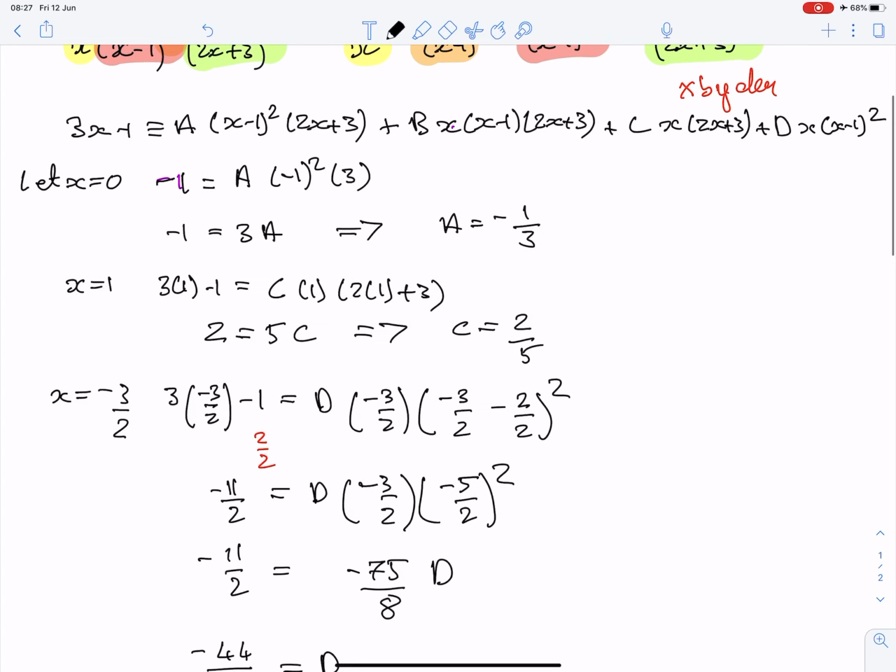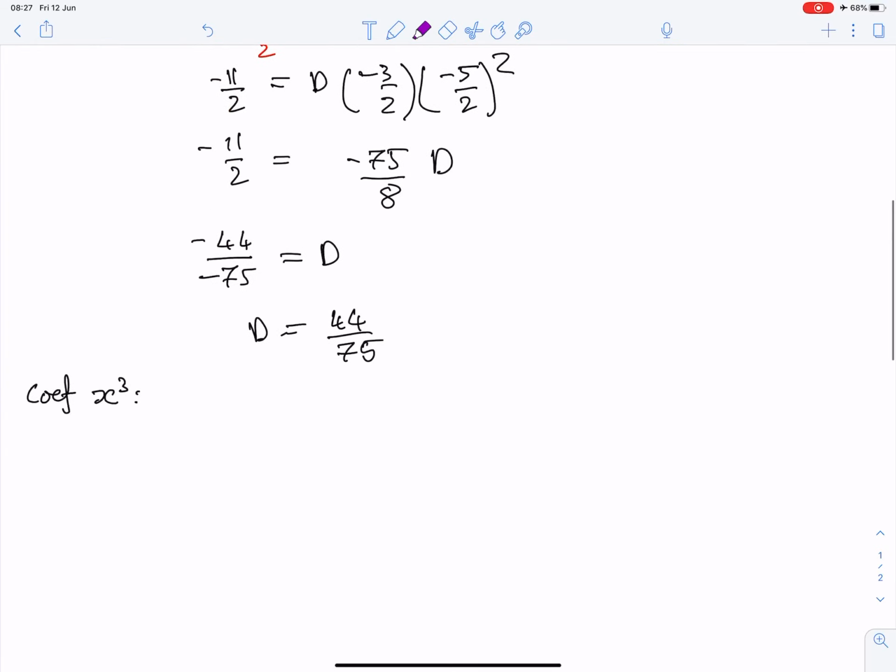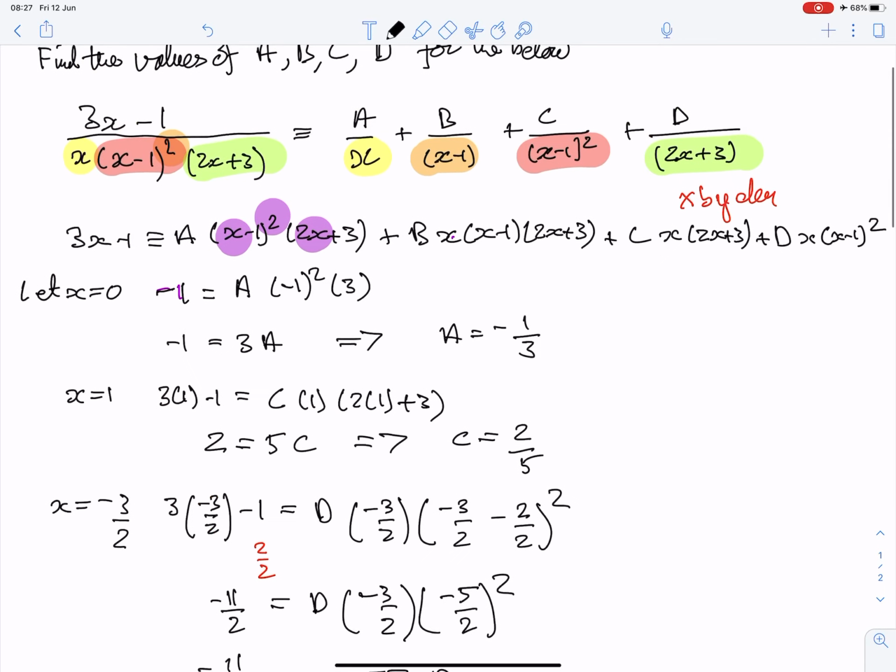From the first lot, we've got x times x squared times 2x, which will give us 2A x cubed. On the left-hand side, we had 0. There are no x cubes up here.